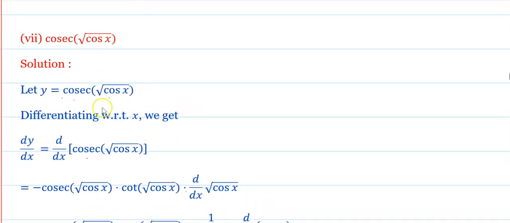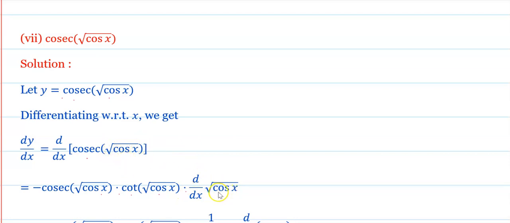Okay, पुन्हा इथे बघा मेन फंक्शन cosec, its derivative is minus cosec in root of cos x into cot in root of cos x into, again it is not only the x, it is other than x. म्हणजे काय की ते root of cos x आहे.